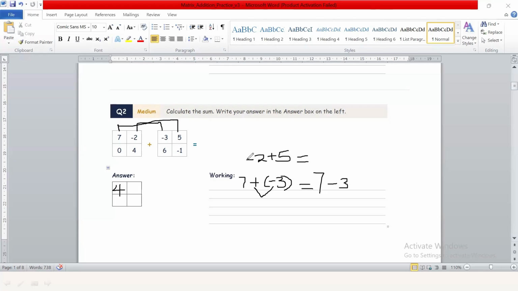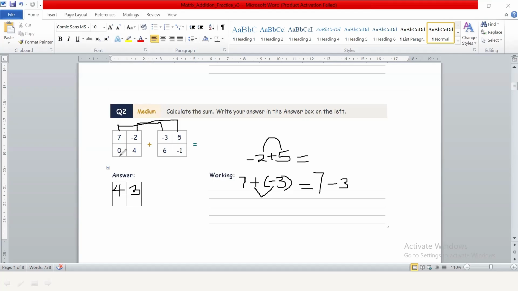If we have two opposite signs, look for the sign that has the larger number, which is 5. So we know that definitely our answer will be a positive number. The next thing we'll do is subtract the smaller number from the larger one. It means we'll have 5 minus 2, and that should give us 3.